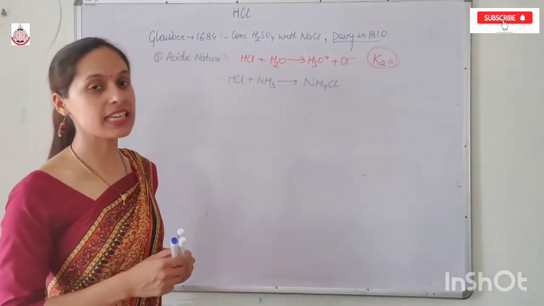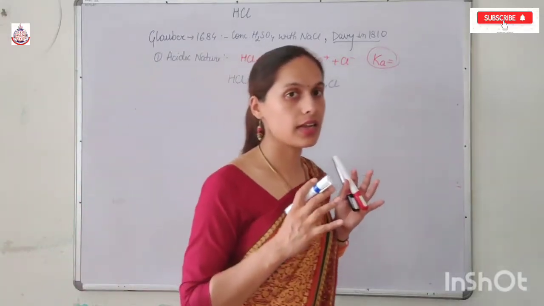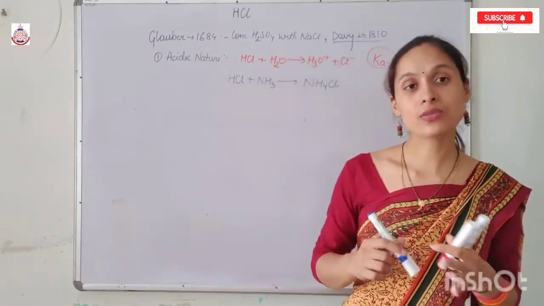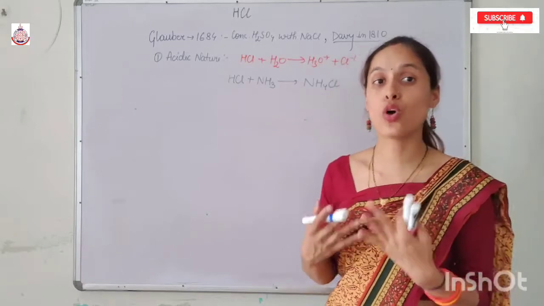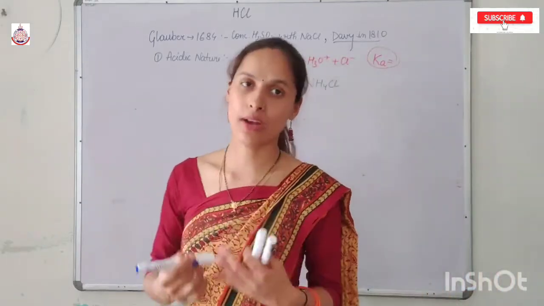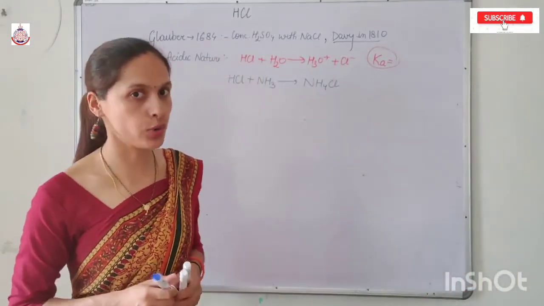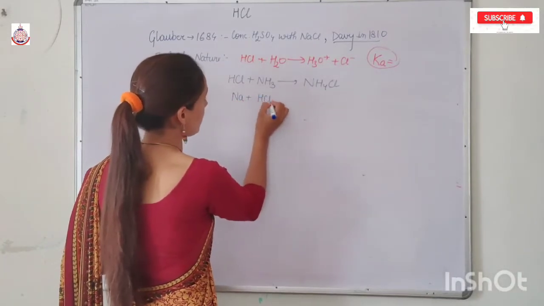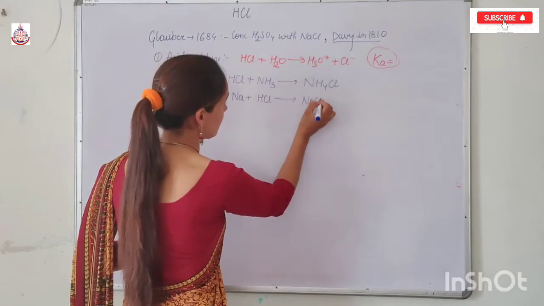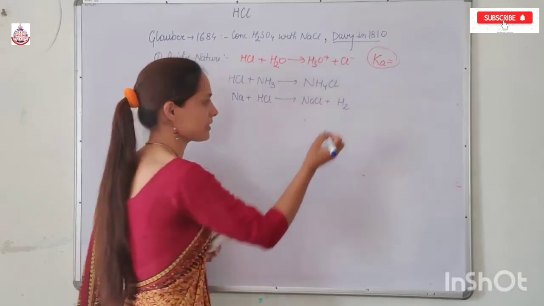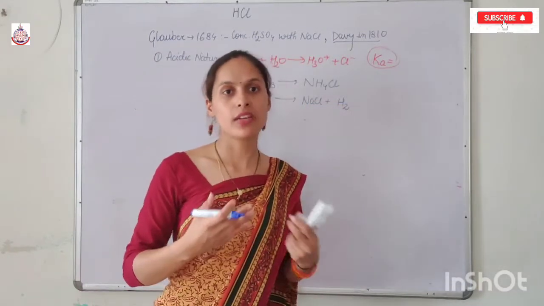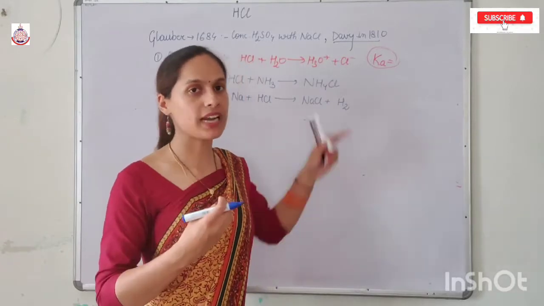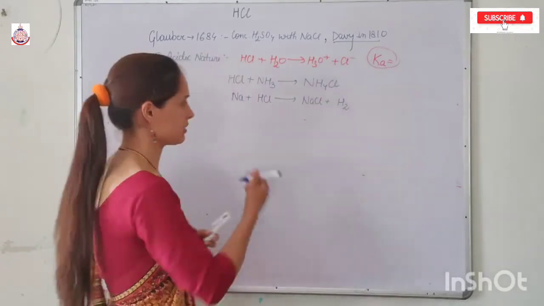And being acidic in nature, HCl reacts with a number of metals to form their corresponding chlorides. For example, Na reacts with HCl to form NaCl and liberates a gas, hydrogen gas, and with the pop sound we can prove that this gas is hydrogen.